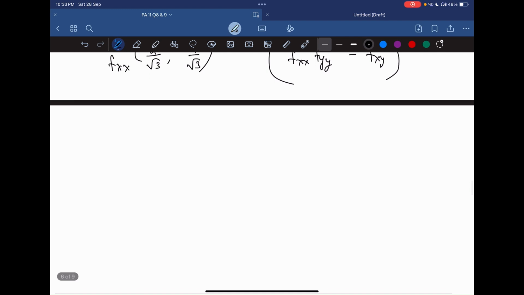So let's first check fxx at the point 2 by root 3 comma 2 by root 3.